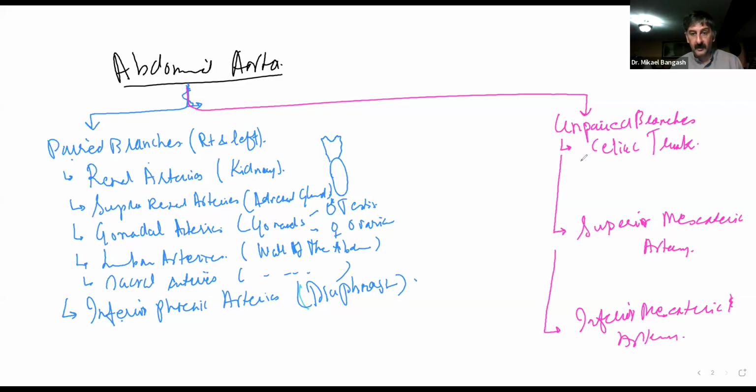Because the celiac trunk is mainly going to supply the foregut, although there will be some other organs, and some glands.